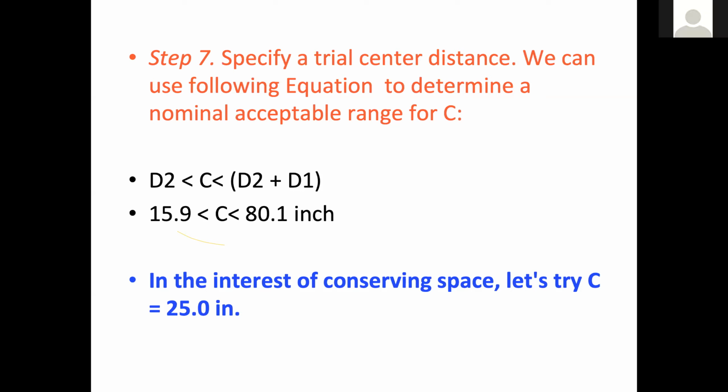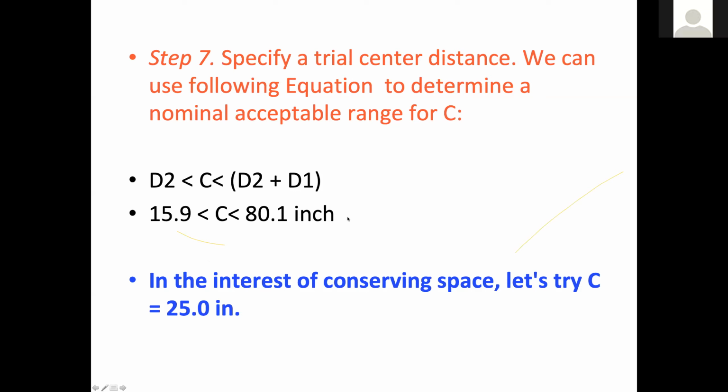Sir, what is the reason? Because the range was coming in this range, 15.9 to 18.1. Sir, can we take 20 inches? No, you have to take a little bit higher. You can take 30 also, you can take 20. But you should also see what is the minimum diameter and maximum diameter of the sheave.